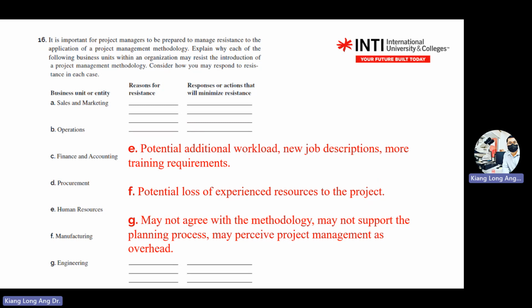Okay, so they may perceive project management as overhead. Overhead is additional costs. For example, if an accident happens, then you have expenses, insurance, you have all these costs. You can say it is a cost.